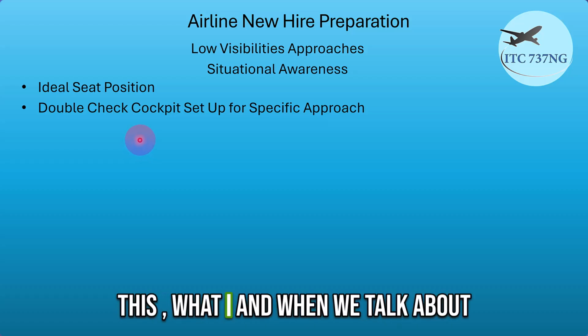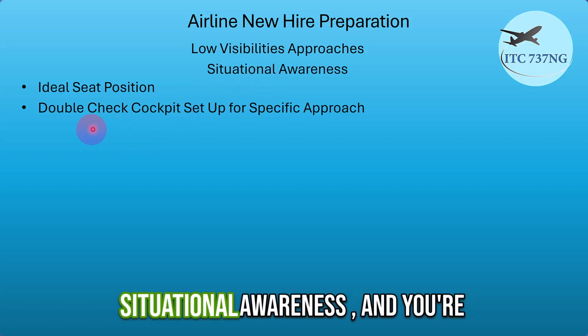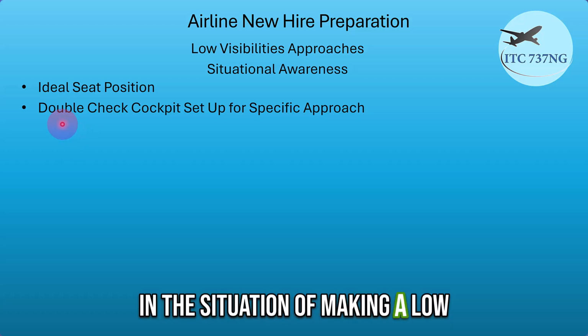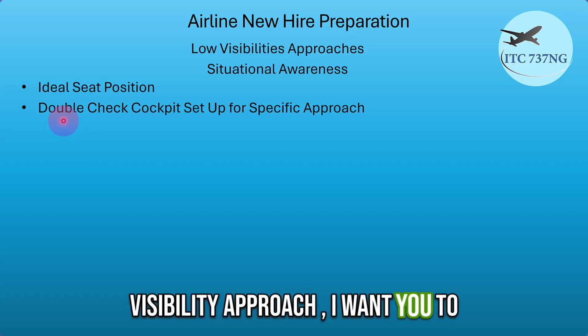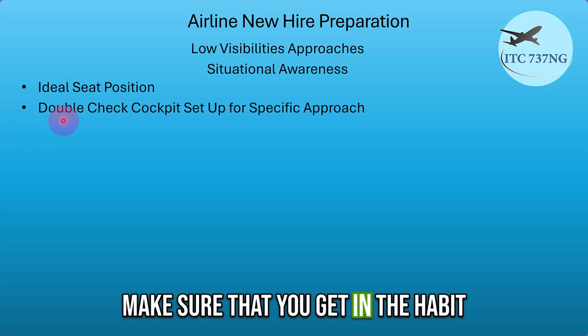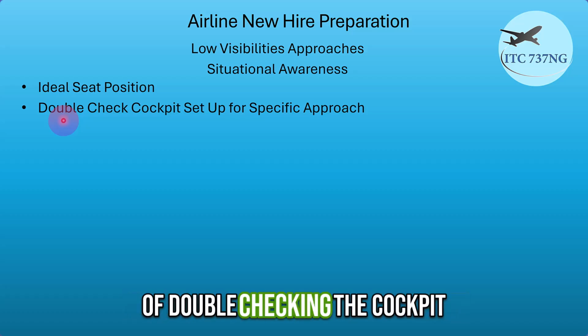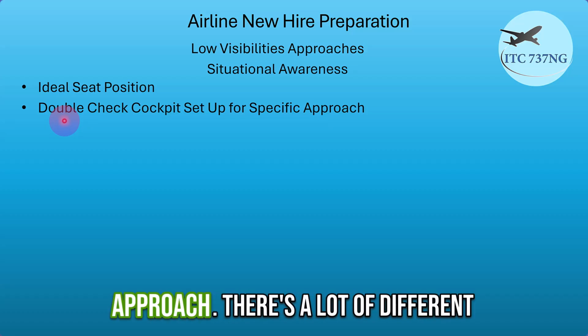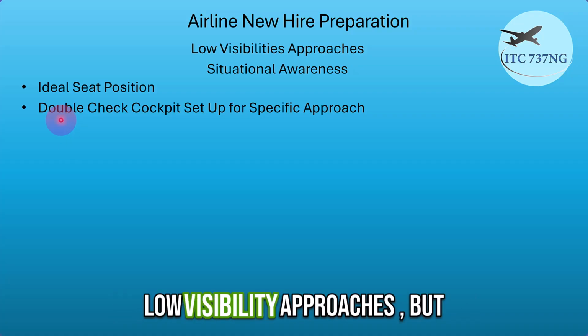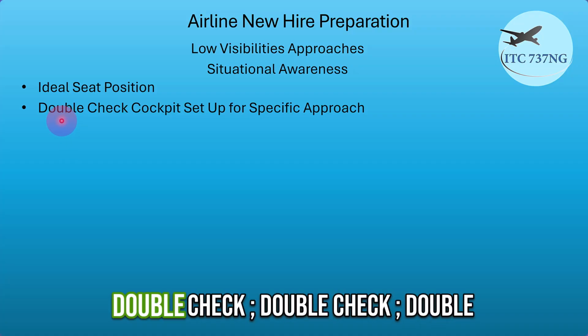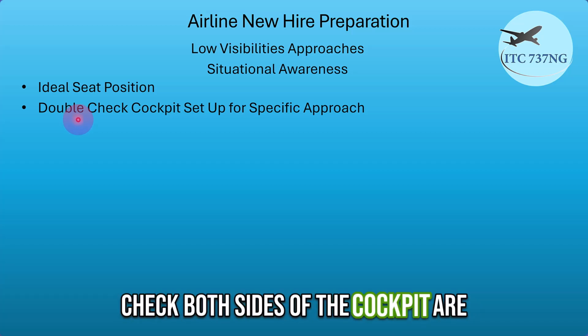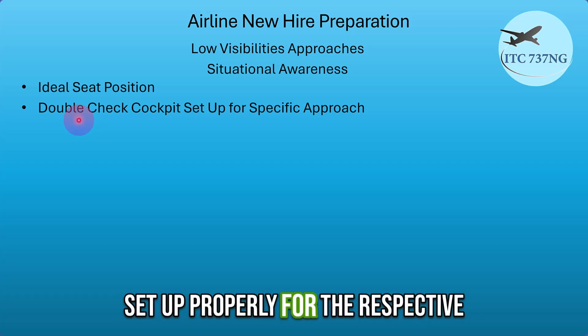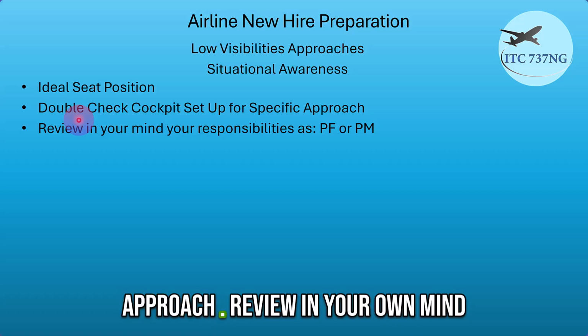So with this, when we talk about situational awareness and you're in the situation of making a low visibility approach, I want you to make sure that you get in the habit of double checking the cockpit setup for the specific type of approach. There's a lot of different low visibility approaches, but double check both sides of the cockpit are set up properly for the respective approach.